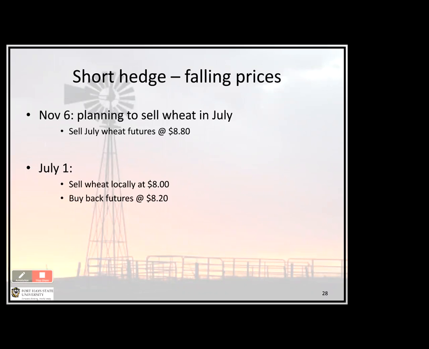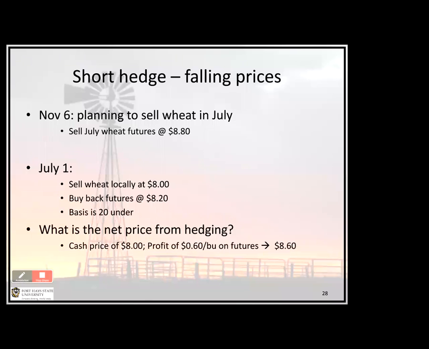So if you take 880 plus a negative 20, that's the same as 880 minus 20, which is 860. Basis 20 under. Cash price of $8. And you made 60 cents on futures, so we got 860.